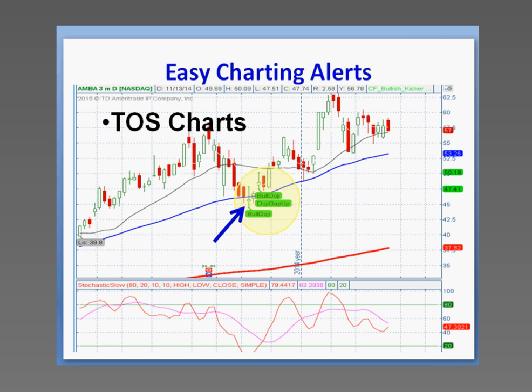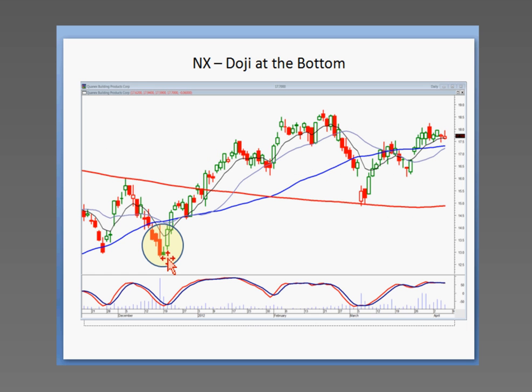Oops, this was a TOS charts demonstration. There's our doji followed by a gap up, our morning star signal. Remember, our morning star signal is a 3-day pattern, big down day, a doji. The third day needs to be a positive trading day, closing more than halfway up that candle.